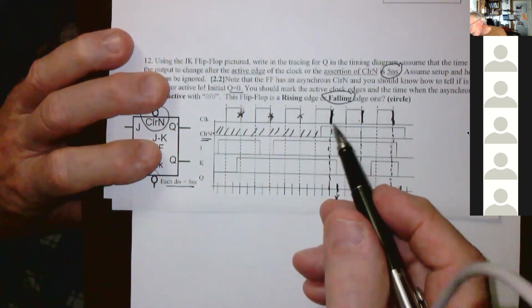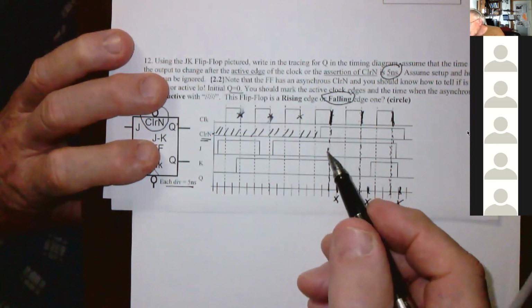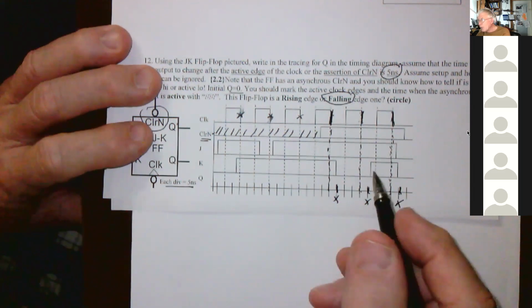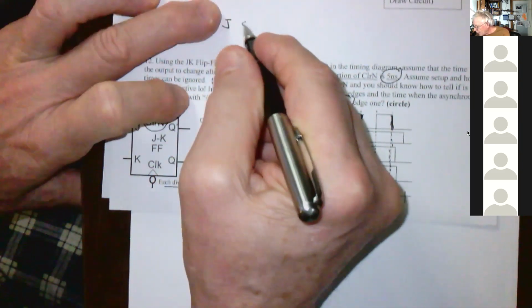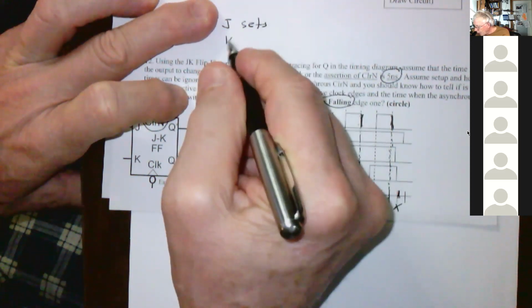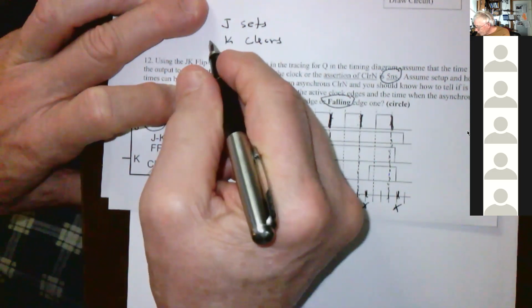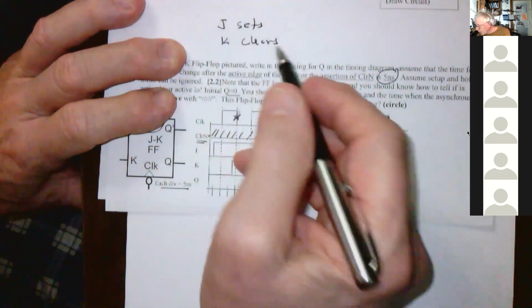But what does happen on the edge is it's going to read the input, and that's going to determine what happens. Now, this is a JK flip-flop. So the way you have to think about JK flip-flops is that J sets and K clears. You can think about clear with a K in it if you want. So J sets, K clears.